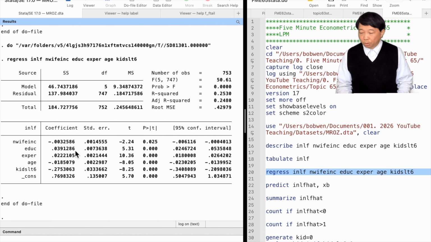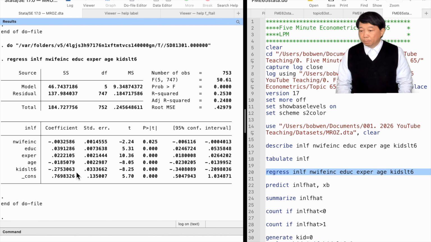An additional $1,000 in non-wife income reduces the probability by 0.3%. 1 more year of work experience raises the probability by 2.2%. 1 year older leads to a 2% decrease in the likelihood.